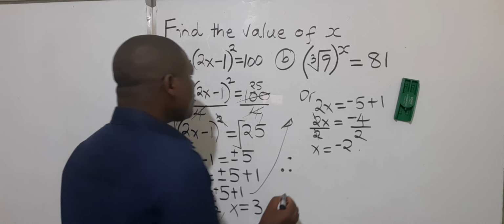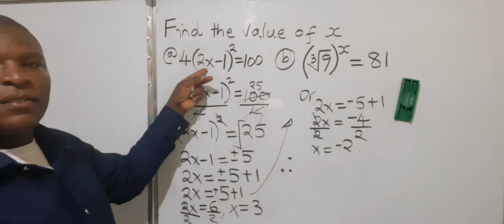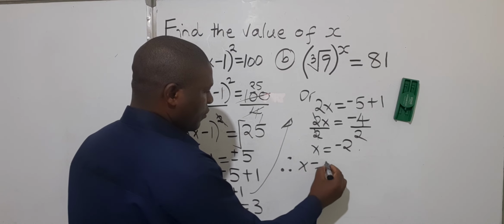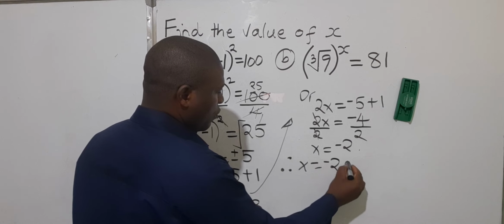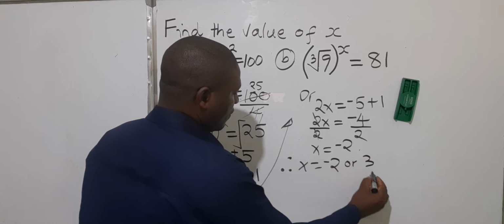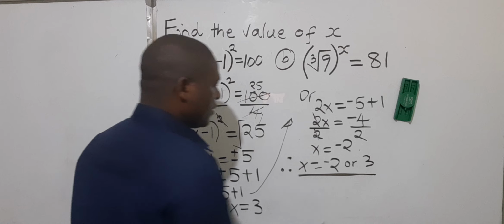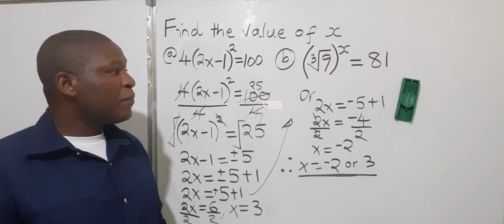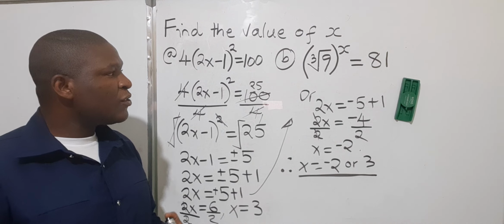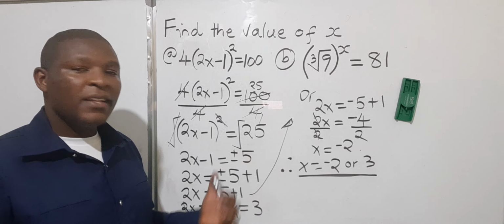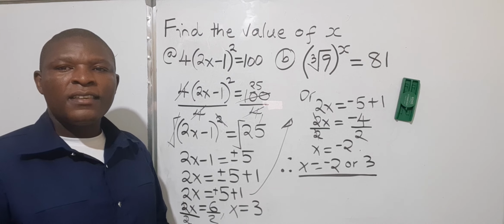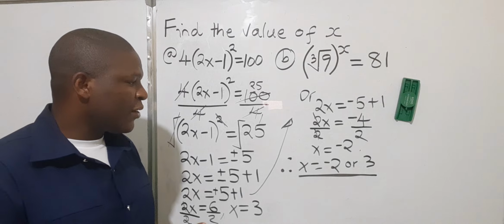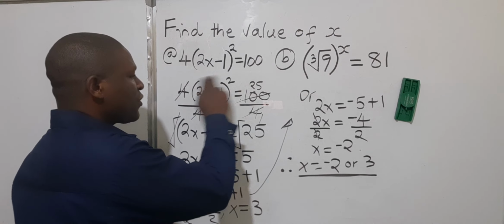Therefore, the values of x for this question are going to be x equals negative 2 or positive 3. These are the values of x. If you want to see it properly or you want to understand it, you can easily go back to the video and see where you need help. Thank you very much. This is about the first question.